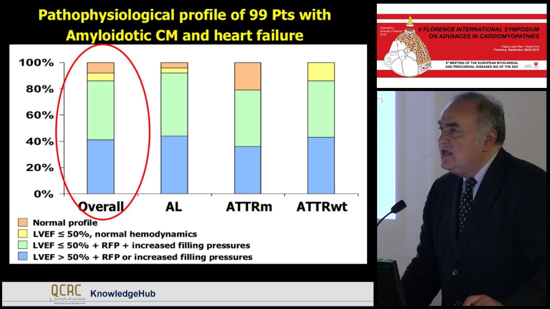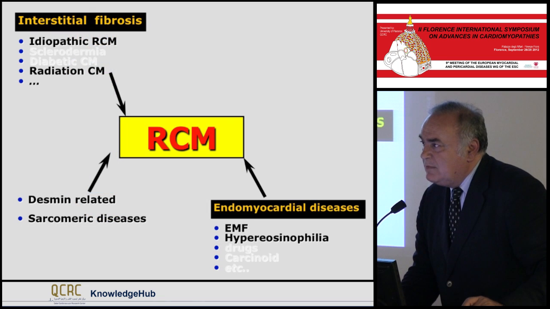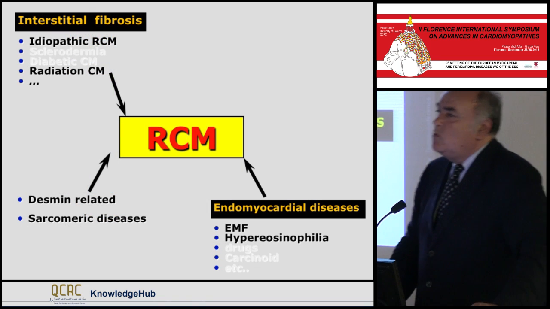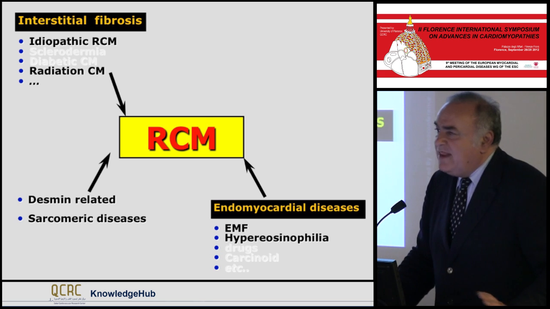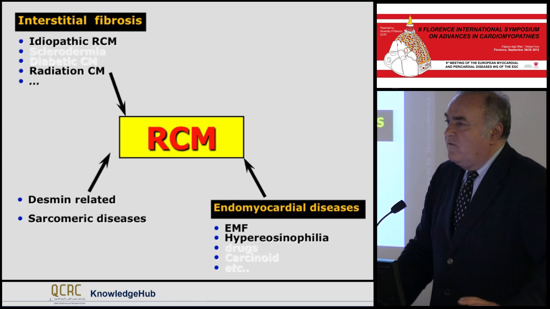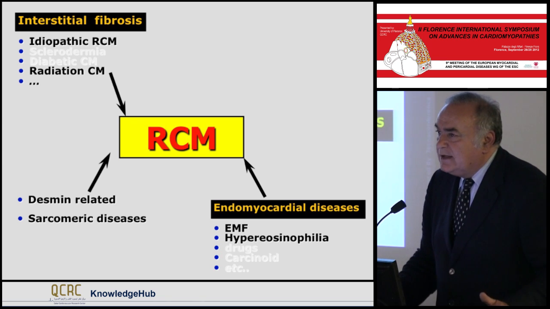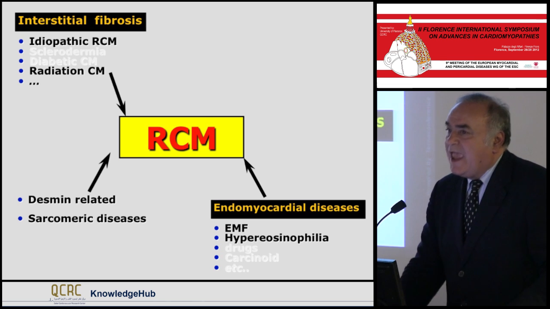Systolic dysfunction is involved in a large proportion of patients with amyloidosis. And if we want to restrict the definition only to patients with normal thickness and normal systolic function, this is the result, a very limited list of conditions which can be defined as restrictive cardiomyopathy.